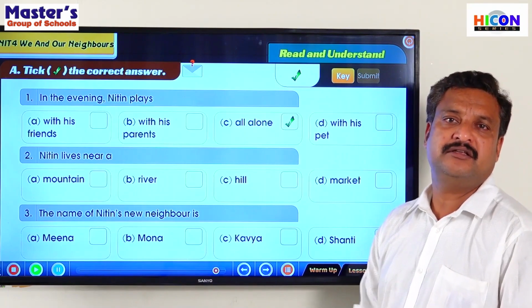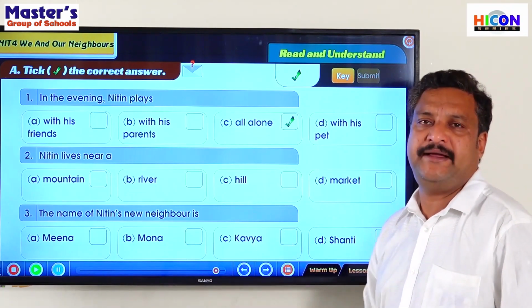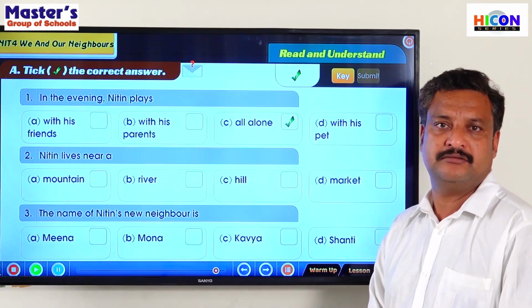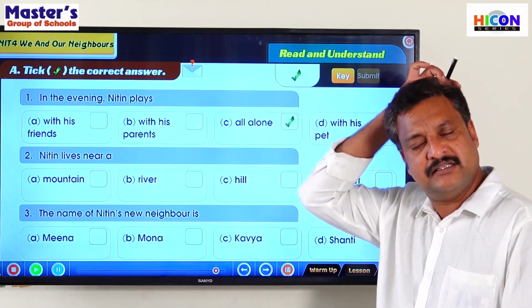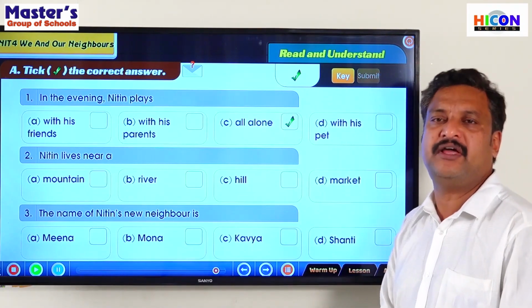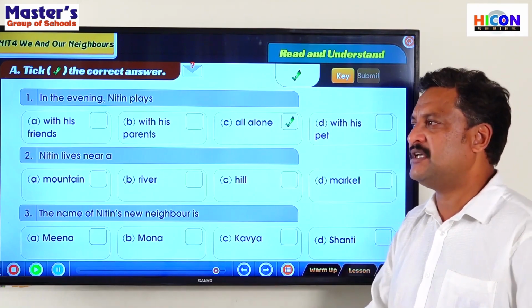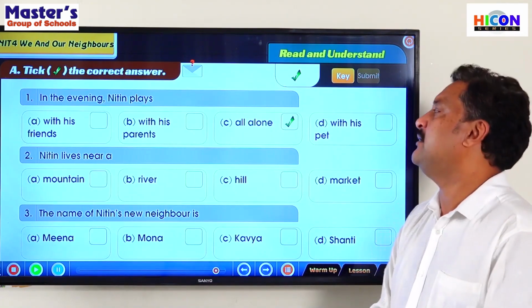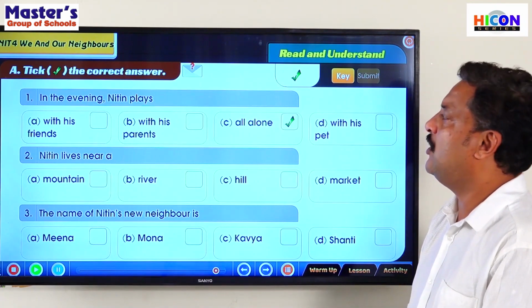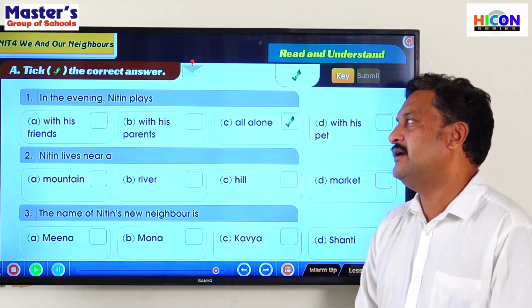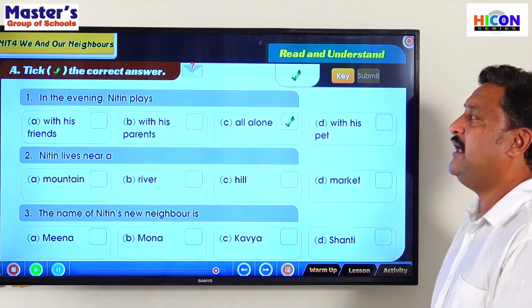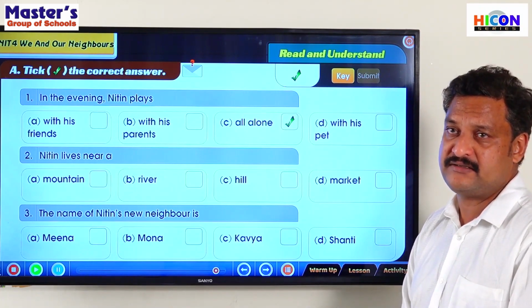Isn't it? Nitin simply flew kites and played over there, right? We even discussed that also. Flying kites never needs a second person. They can do it alone even, isn't it? Yes. So what is the answer? All alone. So the sentence is, in the evening, Nitin plays with his friends.